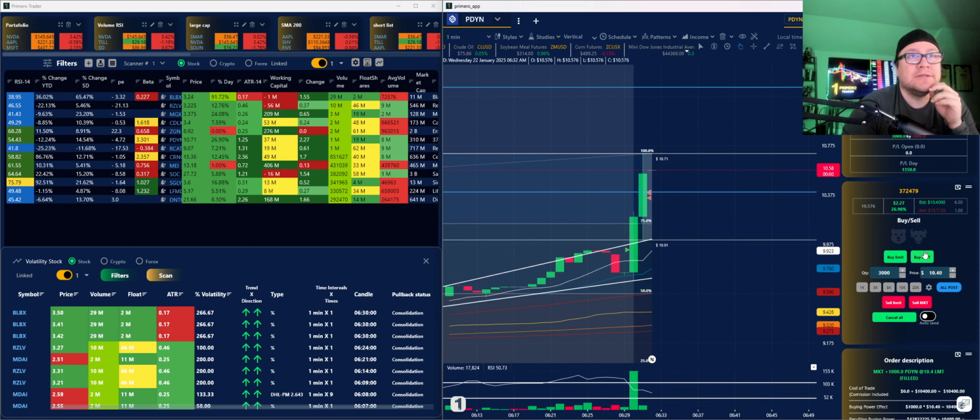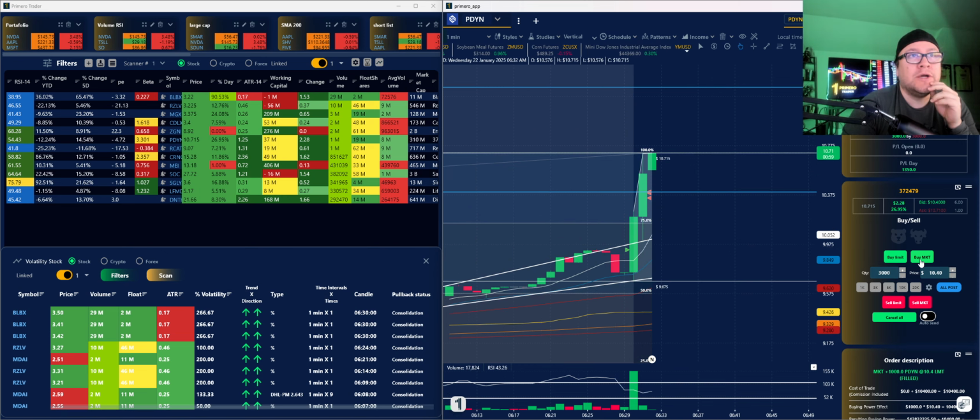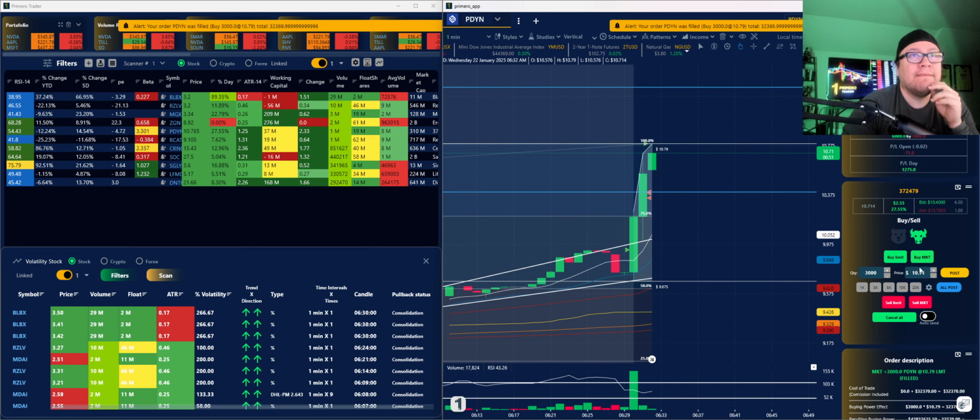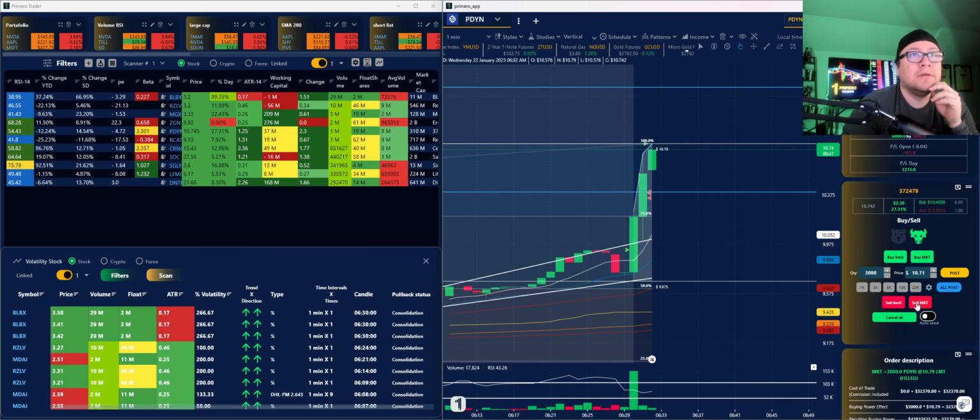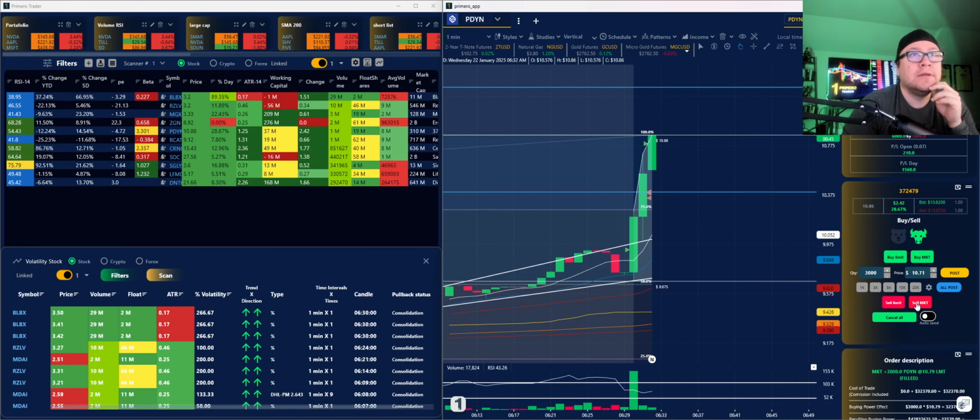Let's see. Give me a pullback. It didn't give me a pullback. Come on, breakout. So it's going to that second target.